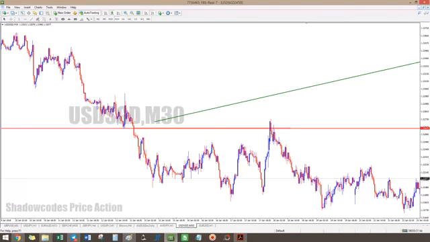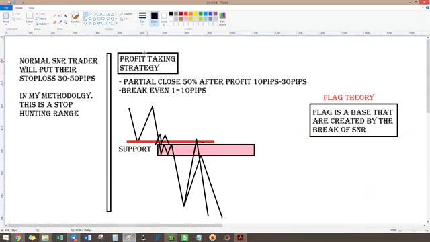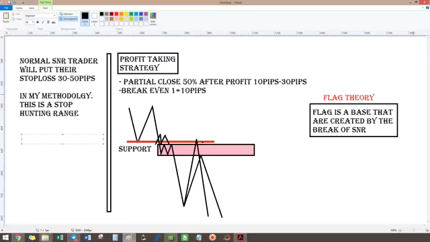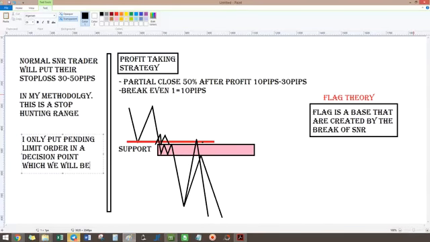I will put the limit order. I will write this down, so you need to note it down. I only put a pending limit order at a decision point, which we will be learning in chapter 2.